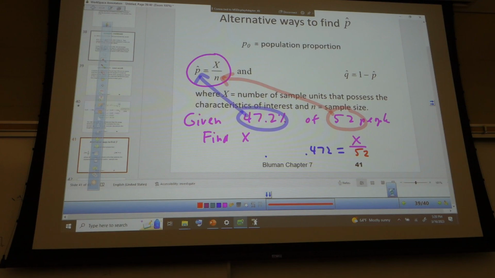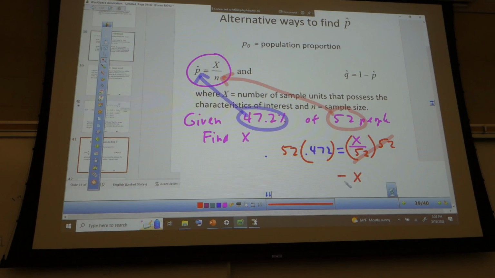I multiply 52 by both sides. So I'm going to multiply this side by 52, this side by 52. Then my 52s will cancel out, and I'll end up with x on this side. And over here I'll have 52 times 0.472.